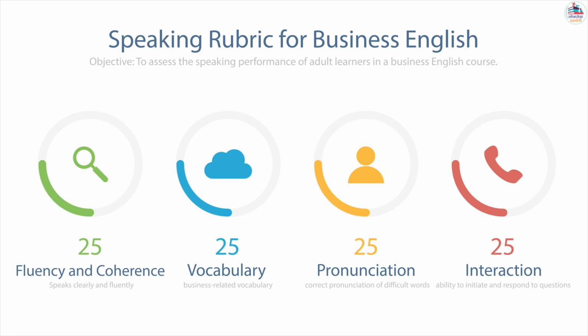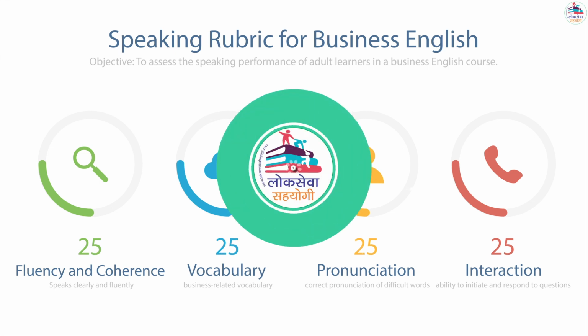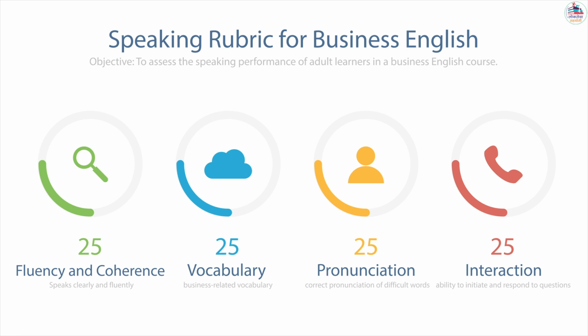If you are unable to speak fluently and coherently, you can reduce the total 25 points to 20, 18, whatever. The maximum in terms of speaking rubrics for business English is 25, only for fluency and coherence.